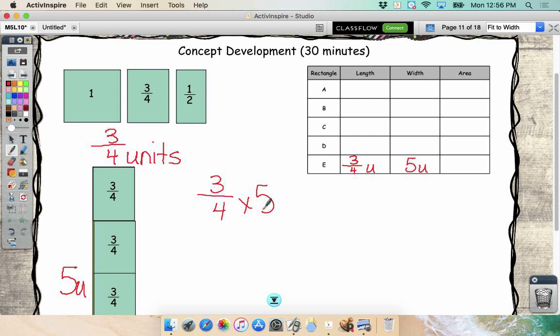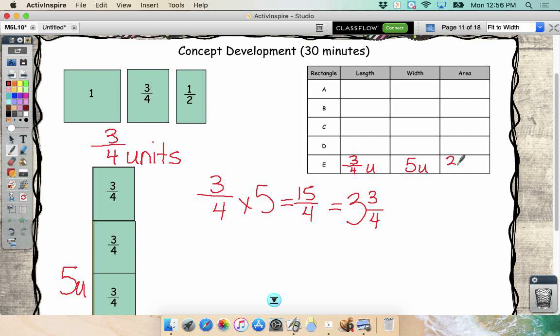We took the numerator times the whole number, didn't we? Yes. And then we kept the denominator. So this would be, what's 3 times 5? 15. So 15/4. Okay? Now all I have to do is change that to a mixed number. So 5 times 3, right? 5, 10, 15. Oh, it's 4. Okay, so how many 4s will fit in? 3. 3 times 4 is 12. And then how many more to make 15? 3.